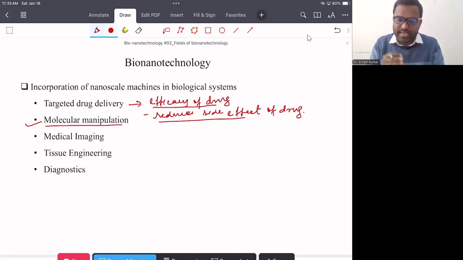Based on that, we can do genetic engineering research. Or maybe these nanobots can be used for the repair of damaged cells.